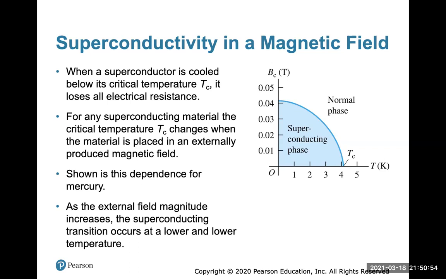The internal resistance of cold mercury drops to 0. Not 0.1, 0. A current established in a superconductor will continue unabated permanently. Unless we use that current to do something, in which case we're transferring energy.